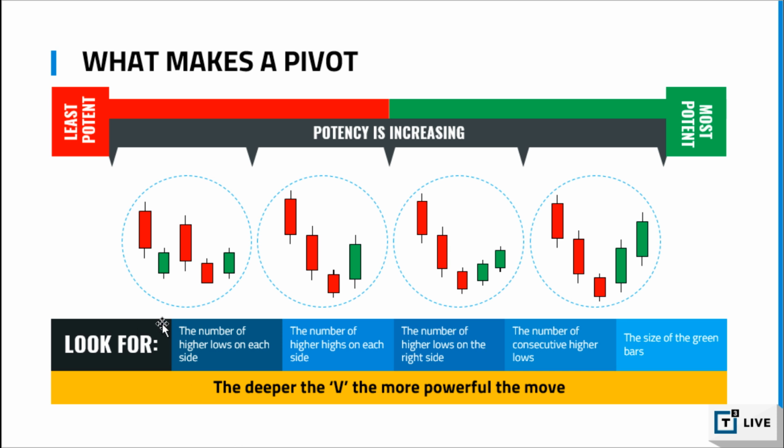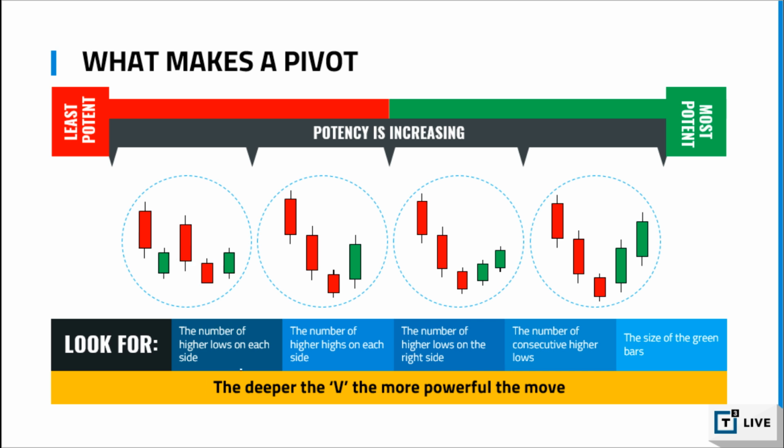Well, this is how you determine the potency of pivots. We look to the number of higher lows on each side of a pivot. So in this case, where's the pivot? I just want to point it out. That's a pivot because we have a higher low on either side. That's a pivot too, so there's two pivots here, 1 and 2.